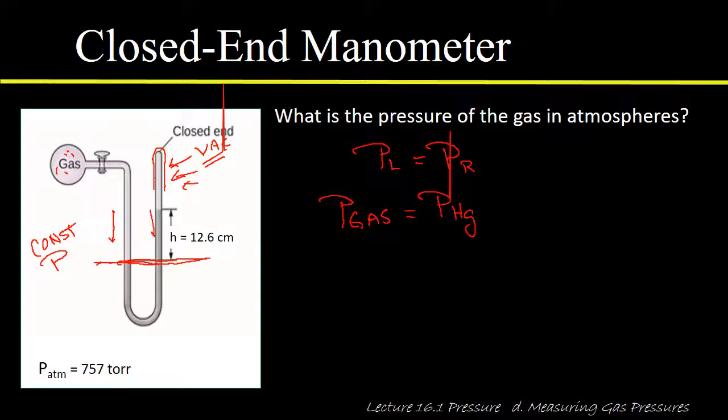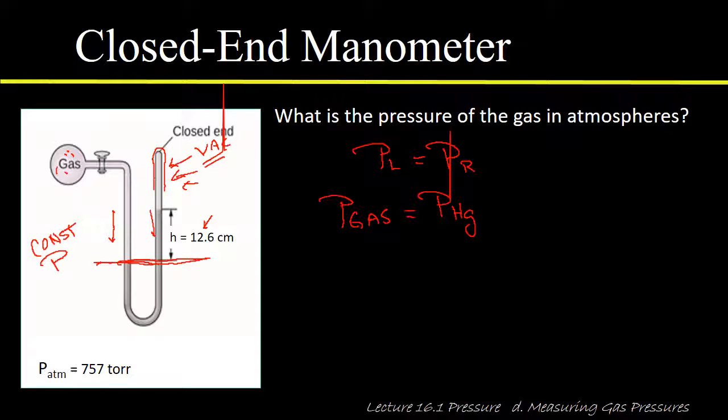A vacuum has a pressure of 0. So the pressure of the gas is just the pressure of the column of mercury. There's really almost no calculation to do. Right? So we just need the height of that mercury column. We need to convert that into millimeters.